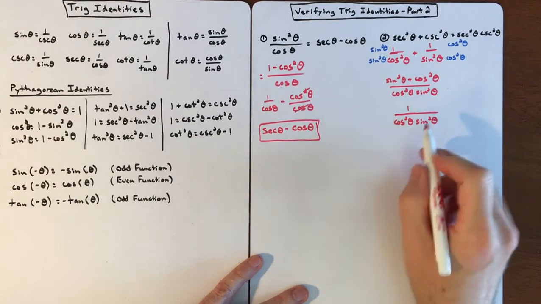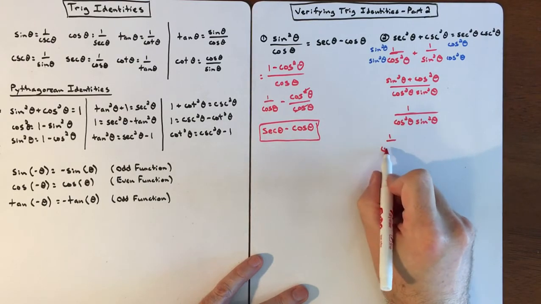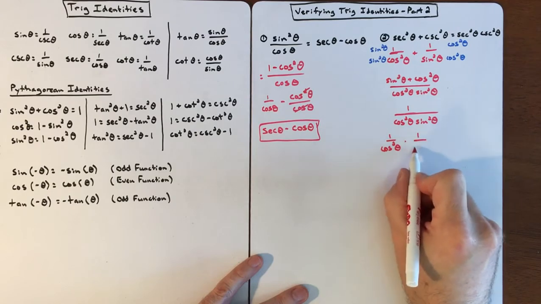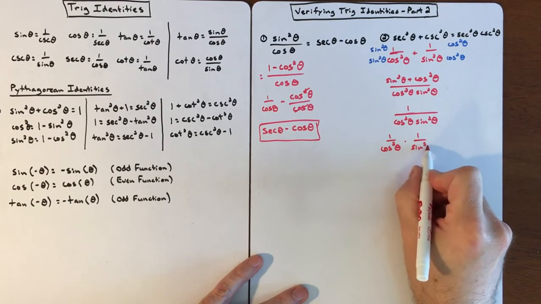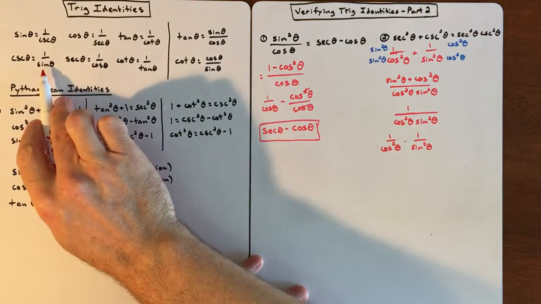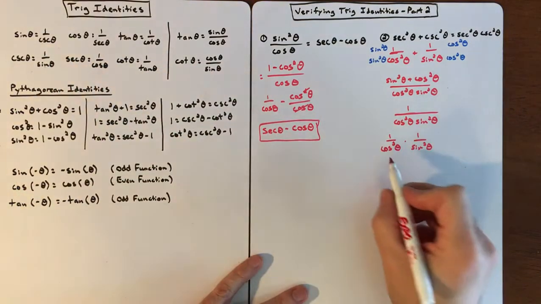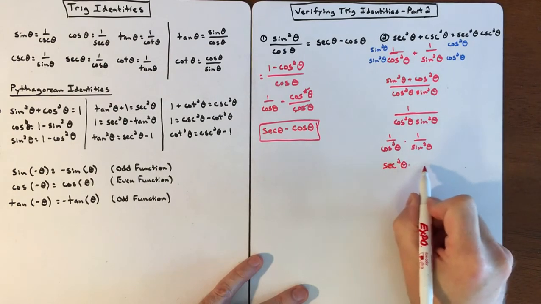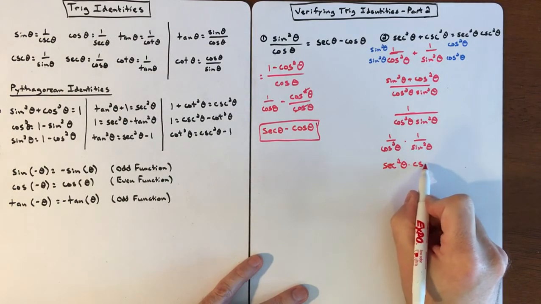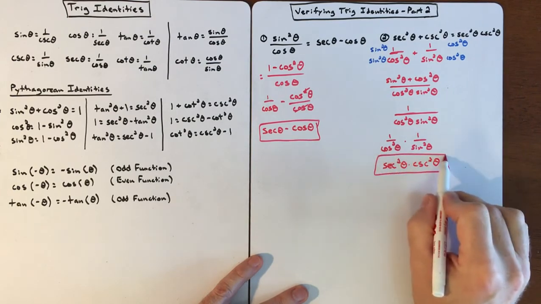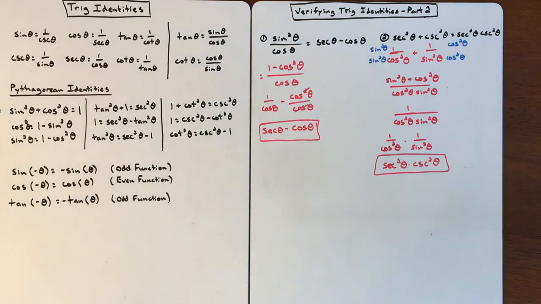I can break these up and bring them up, because we have 1 over sine and 1 over cosine, which are our secant squared times cosecant squared. And that's it. All right, and then we'll have one more that is a little bit more challenging.